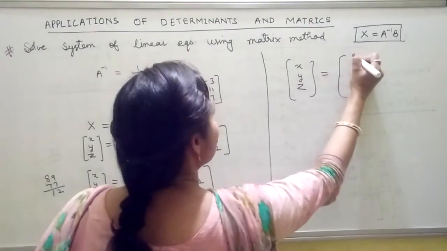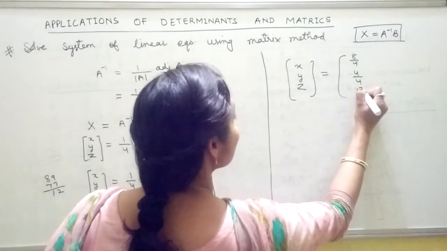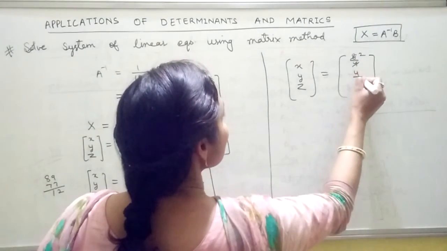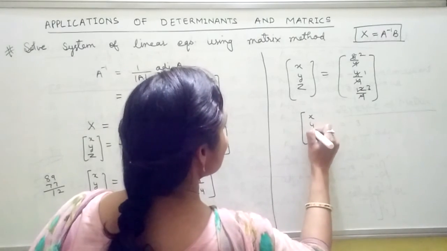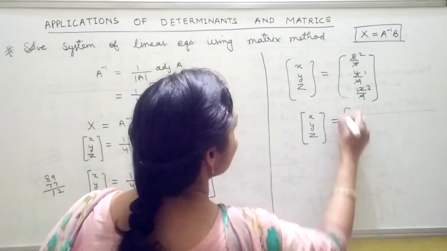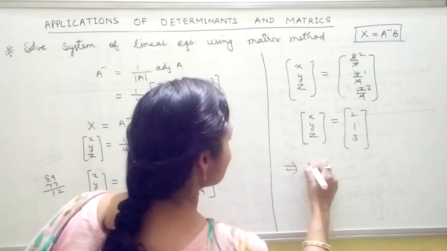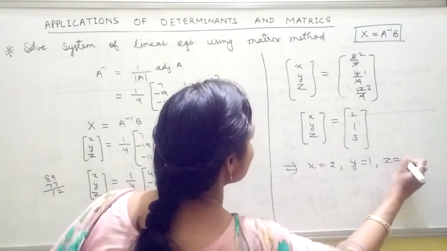We have 8 by 4, the second is 4 by 4 and the third is 12 by 4. After cancellation you get 2, 1 and 3. So x, y, z is equal to one matrix which has the values 2, 1, 3. This implies x is equal to 2, y is equal to 1 and z is equal to 3.